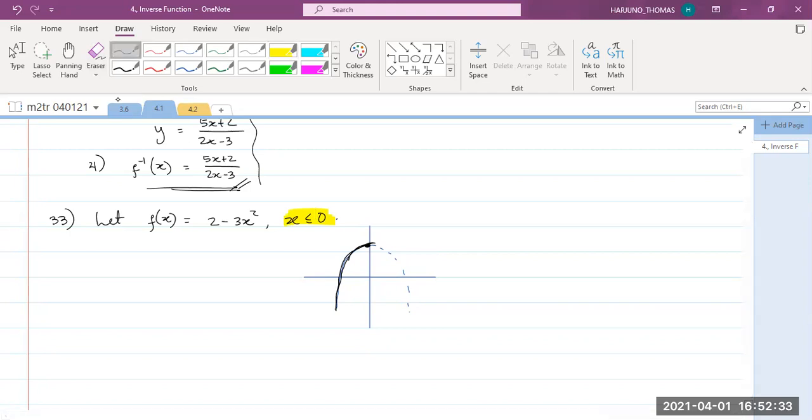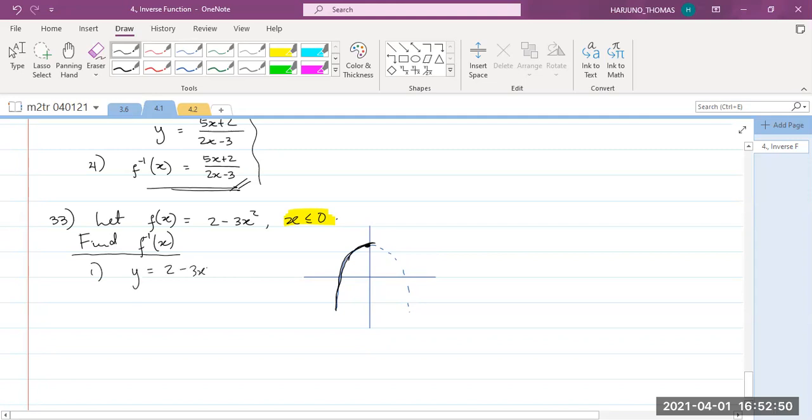Now, how do we find the inverse function? Let me show you how somebody from intermediate algebra will do this problem. So step 1, y equals 2 minus 3x squared. Step 2, you swap the x and the y.